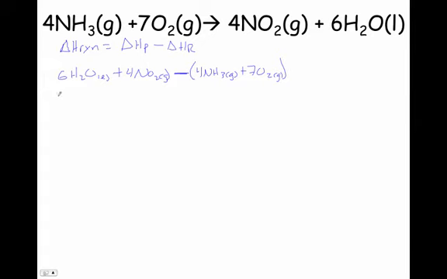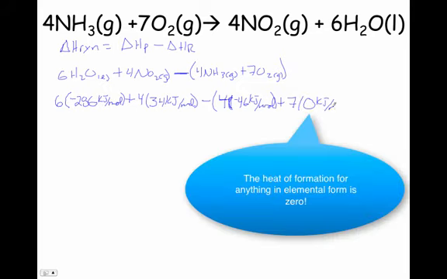So we're going to take 6 times that negative 286 kilojoules per mole, plus 4 times nitrogen dioxide, which is 34 kilojoules per mole, minus 4 times NH3 gas, which is negative 46. 4 times negative 46 kilojoules per mole, plus 7 times oxygen, which is 0 kilojoules per mole.